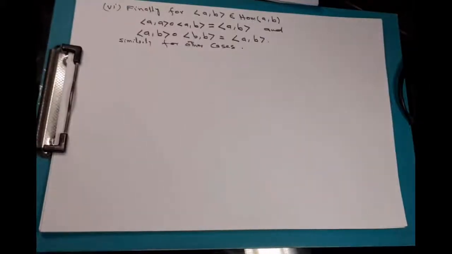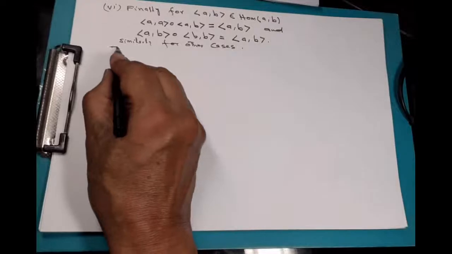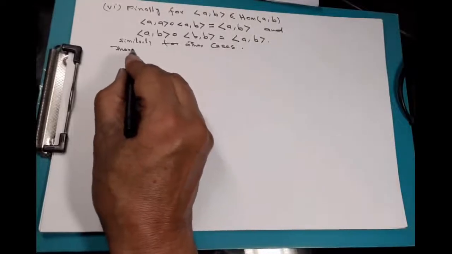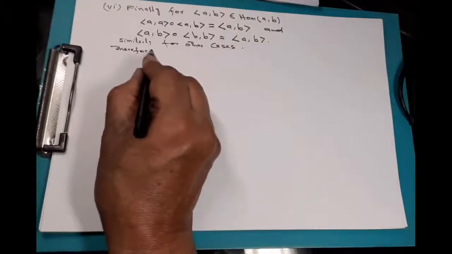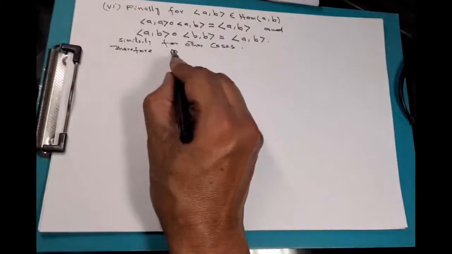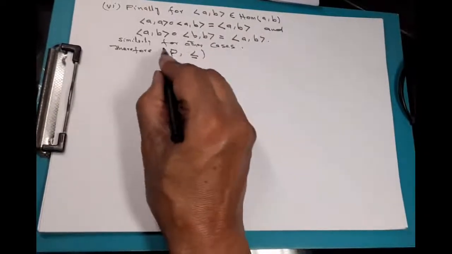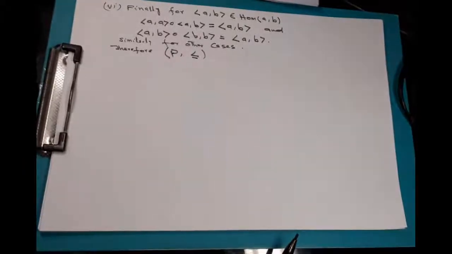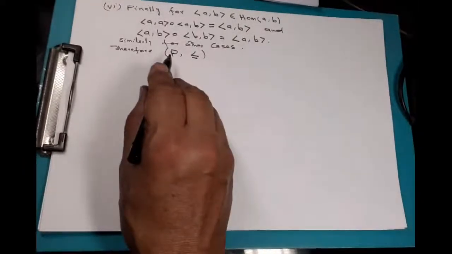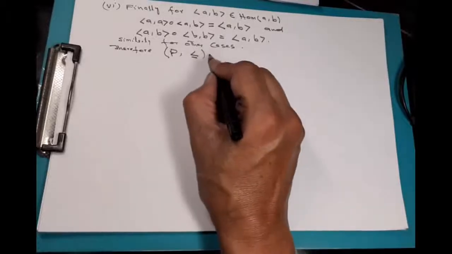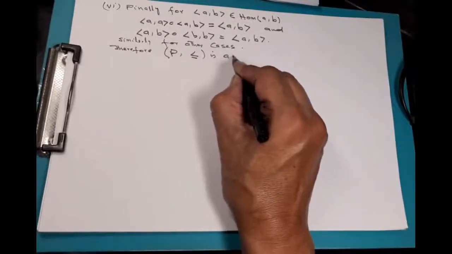So all the conditions have been satisfied, therefore P with this relation, which is a pre-ordered relation, therefore this pre-ordered set is a category.